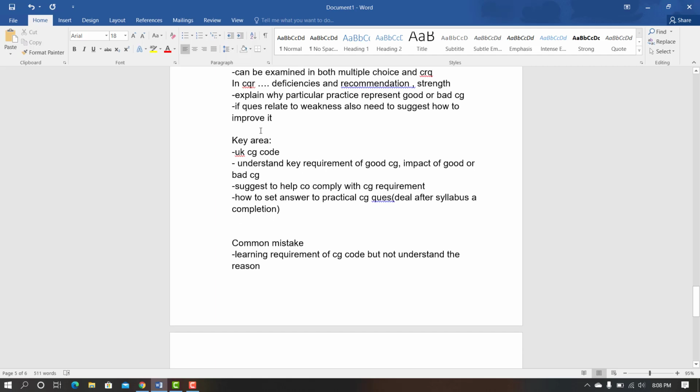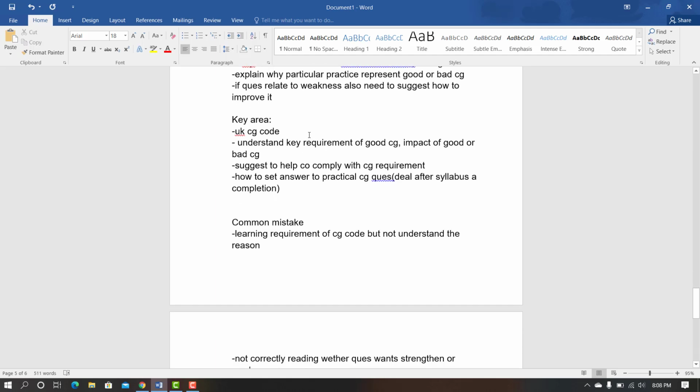The key areas that students should be happy with are the UK Corporate Governance Code, which had 6 principles, leadership, Audit Committee, remuneration and others. The student must be happy with these things.